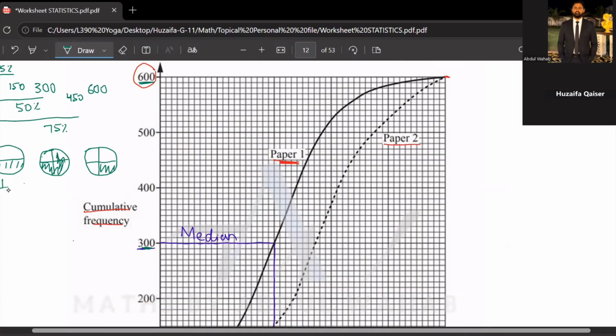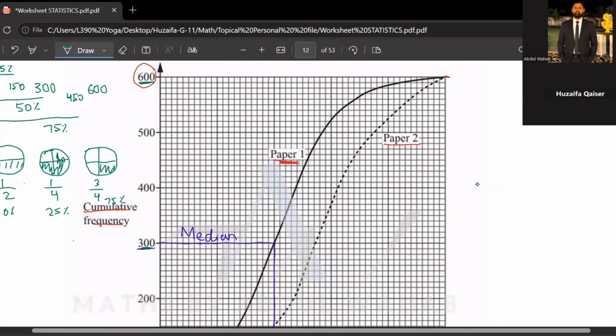So it's half for the median, 1/4 for the lower quartile, and 3/4 for the upper quartile. So it's 25%, 50%, 75%. Is that okay?